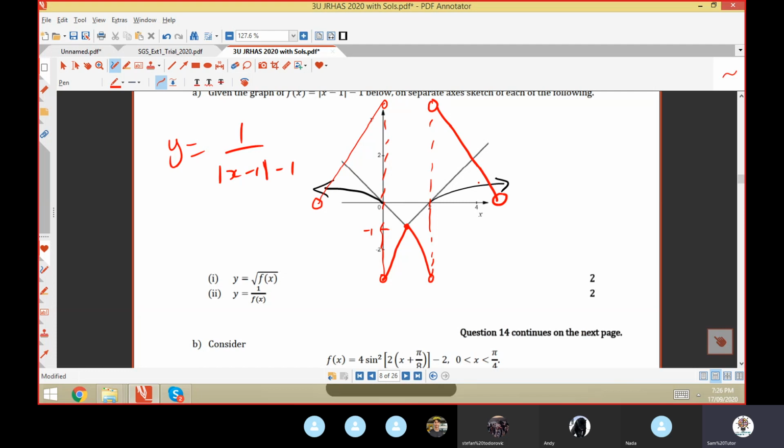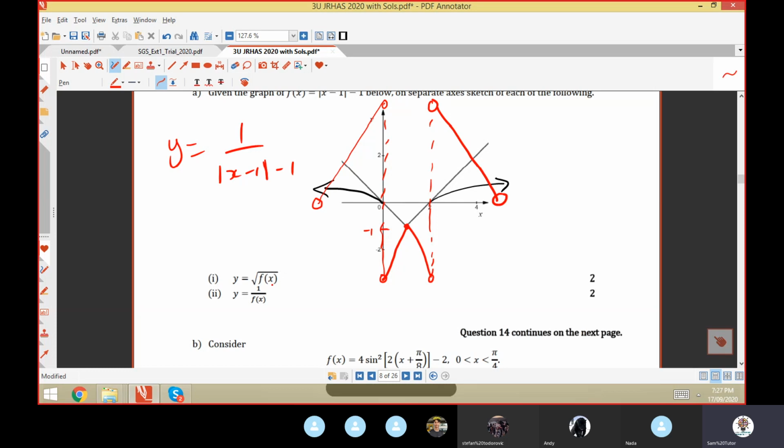Because you're going to be drawing this on separate axes. So how would you see that? Does that make sense? Yeah. If it was drawn on the same one, you'd go a little bit higher because the square root of numbers between 0 and 1 is bigger, and then that's the logic. So you go a bit higher and then come back down. But to you guys, it doesn't really matter. You're just going to draw it like that.